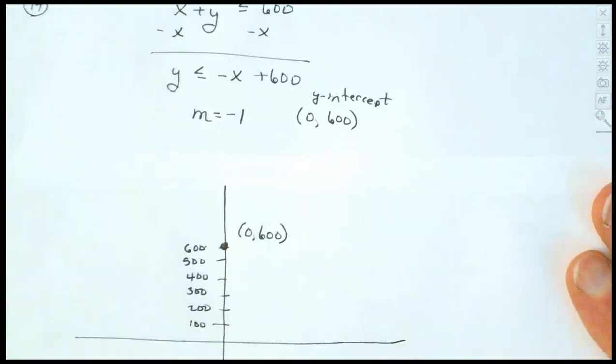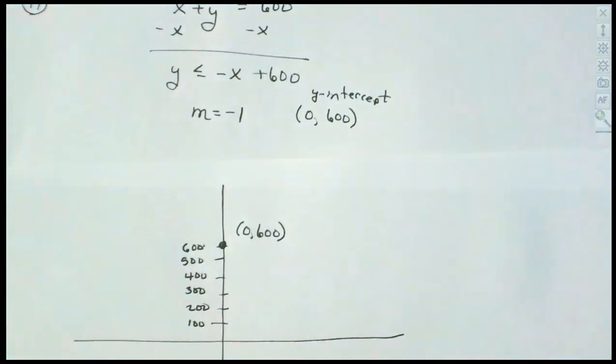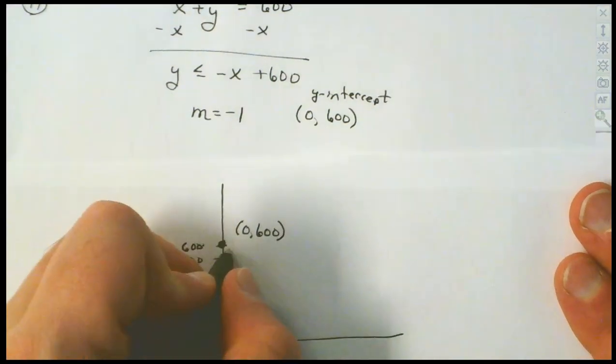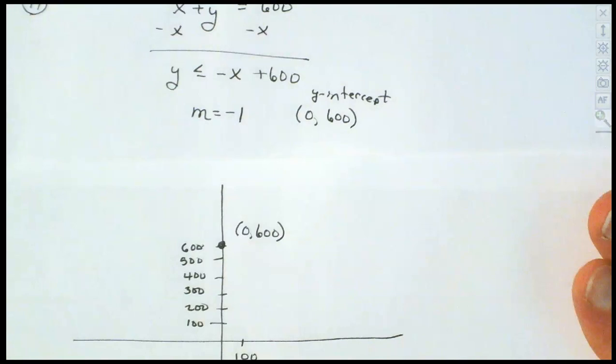Now when we talk about our slope being -1, well, we can replace that with -100 over 100. So -1 over 1 is the same thing as -100 over 100. So we can actually just use these units here, and this is 100 down here as well, and we can just go down 100 and over 100.